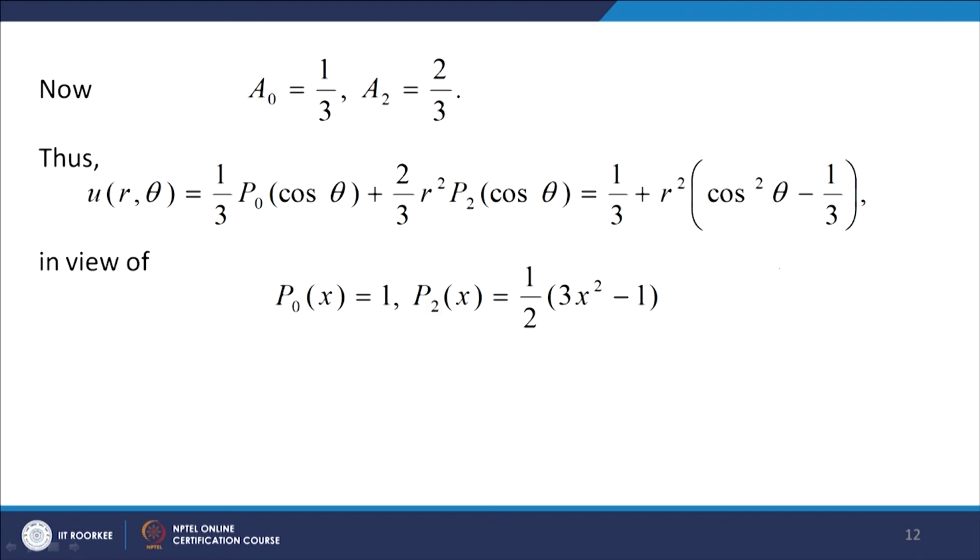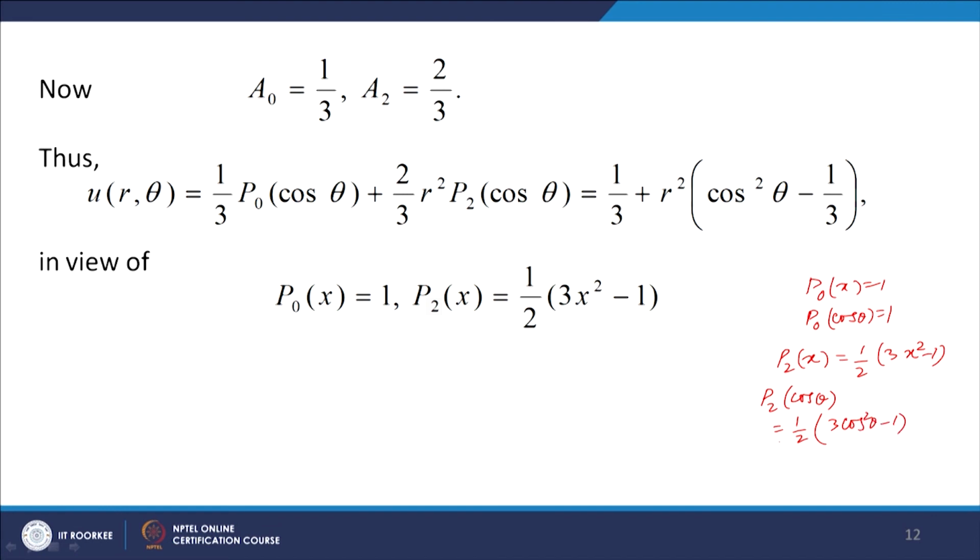Now, we know P0 of x is equal to 1. So, P0 cos theta is also 1, and then we know P2 of x is equal to 1 by 2 (3x square minus 1). So, P2 cos theta will be equal to 1 by 2 (3 cos square theta minus 1).